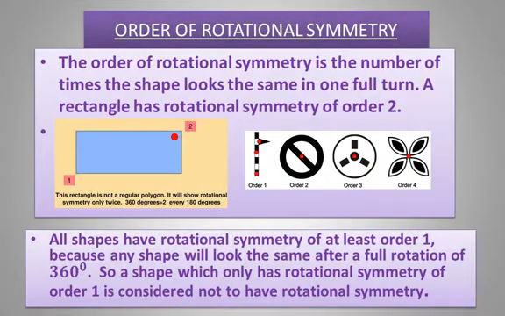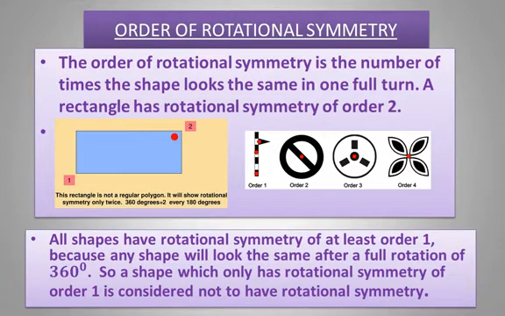Last session we discussed the symmetry properties of 2D shapes. We already discussed the line of symmetry, or reflection symmetry. I hope all of you understood that, so you know how to write how many lines of symmetry there are for any given shape.